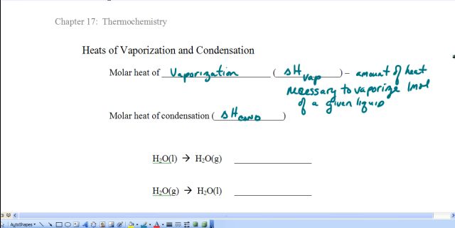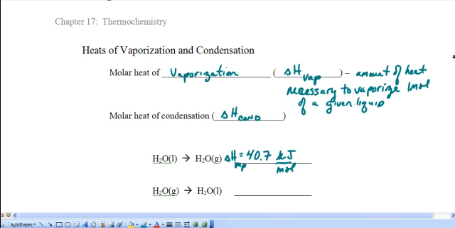And so if you look at the vaporization of water into steam, this particular process is going to require 40.7 kilojoules per mole. So we would call that delta H of vaporization is going to equal that value.